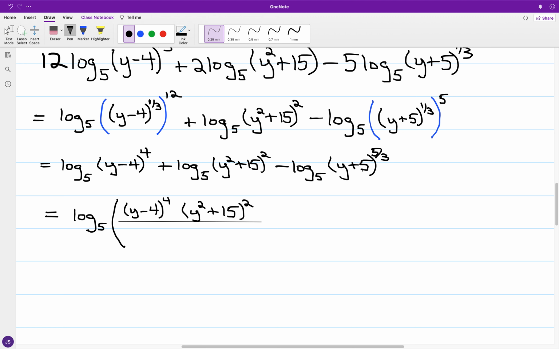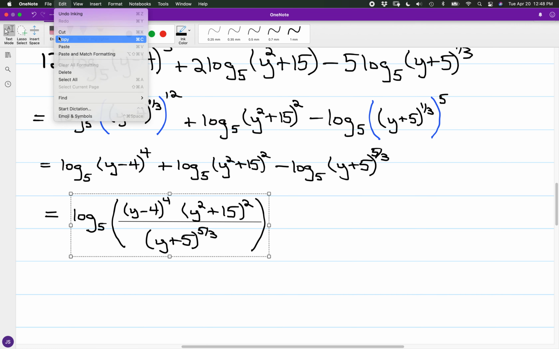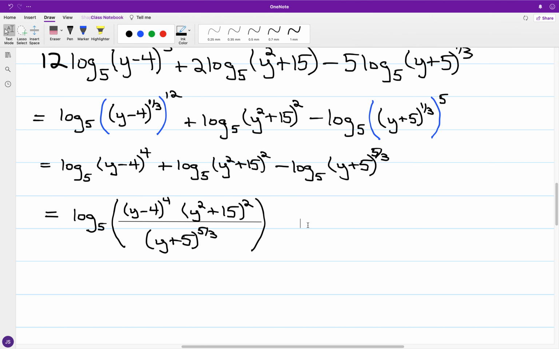And with the last term being subtracted, this attachment will go in the denominator. And that would be a complete answer.